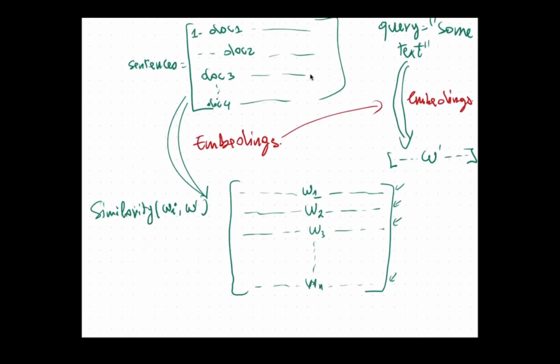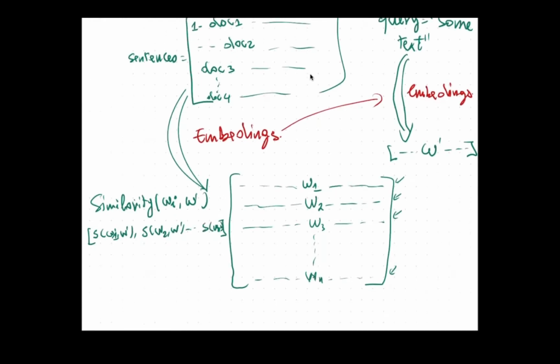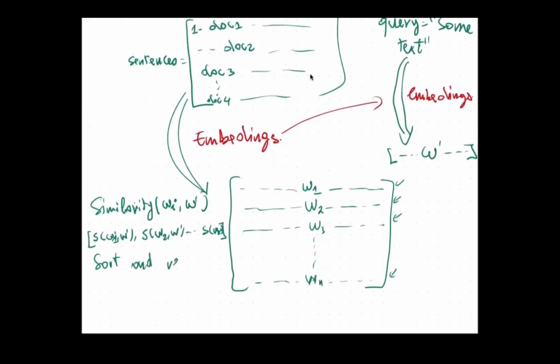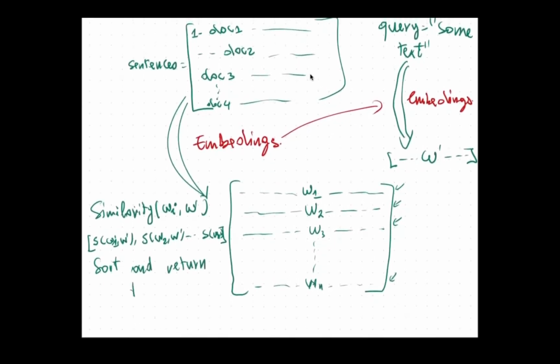So if you do it for each of them, you have a vector of similarity: the similarity between W1 and W prime, W2 and W prime, until the similarity of the last document. And then we do what? We sort them and return the top k values. Does that make sense? So this is the process.